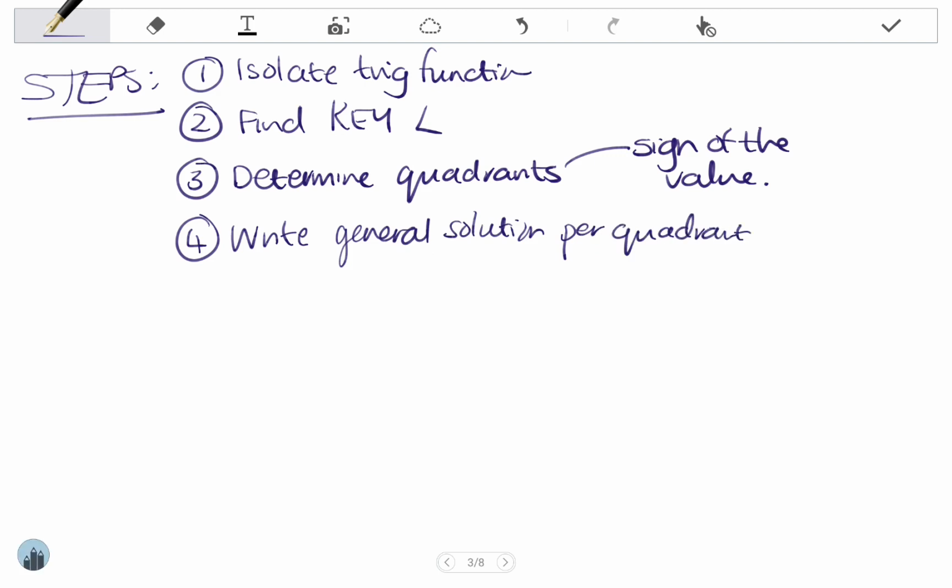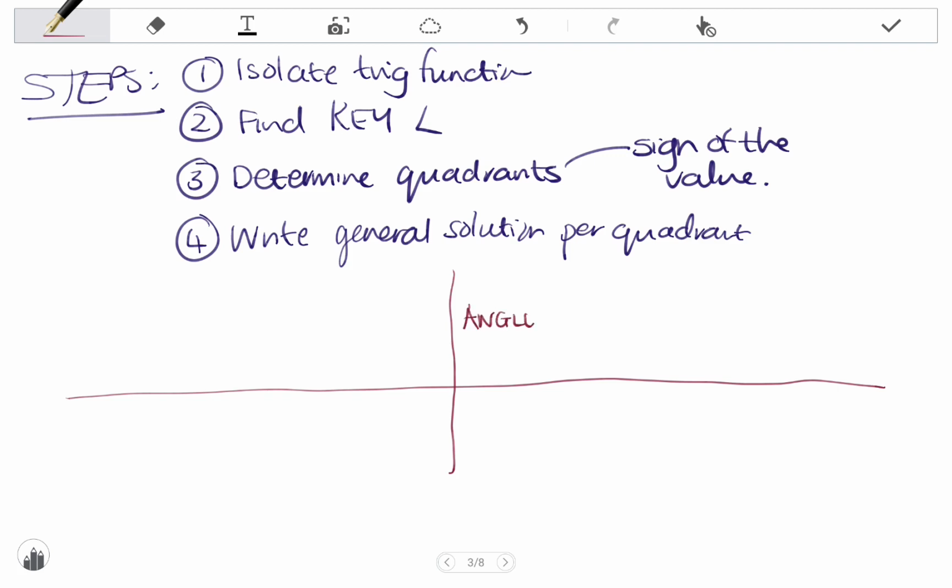So what I'd like to do is quickly run through those general solutions. In the first quadrant, let me just draw the quadrants. In the first quadrant, our general solution would be the angle, and I am writing angle instead of x or theta because sometimes our angle can be a compound angle or a double angle, a complex angle.